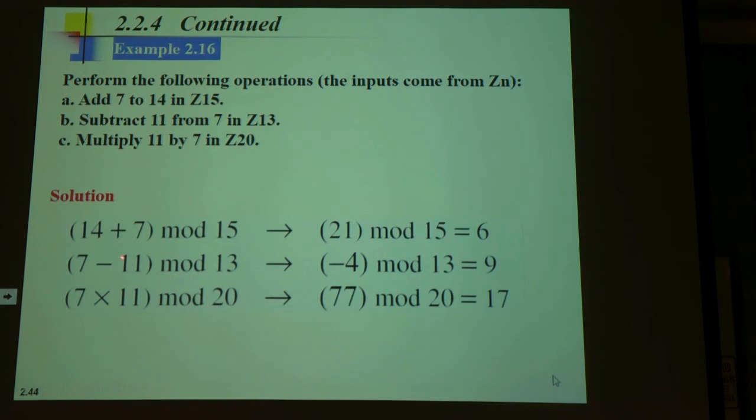So it's 1 plus 1, right? How much? 2. 2 mod 15. Is this 1?